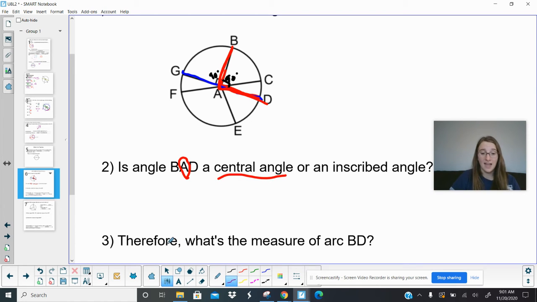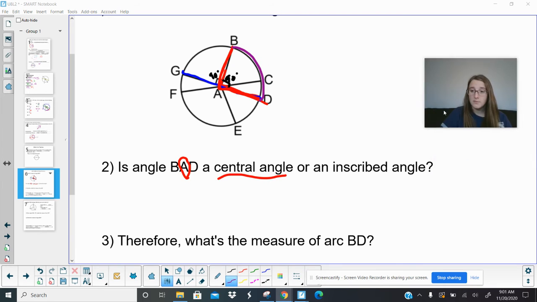Now, because it's a central angle, it's going to be very easy for us to find the measure of this arc. Because we know that if I have this central angle, what's true about the corresponding arc, we say? Notice this angle opens up to BD.